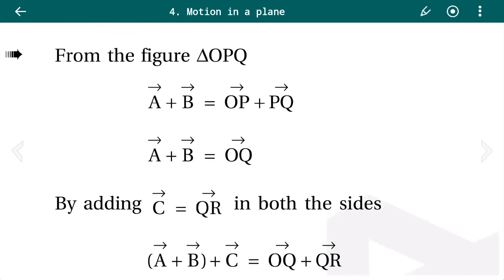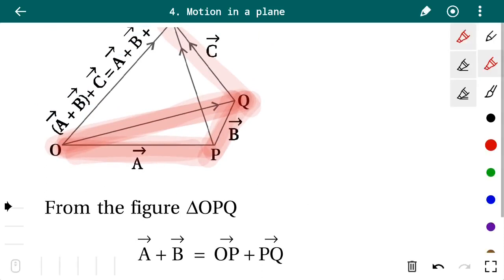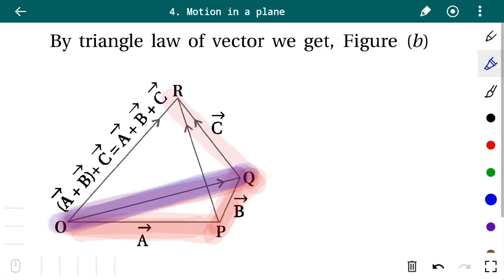Now we will be adding C to A plus B. That is, now we are going to add this resultant vector, which is vector A plus vector B, and this vector C. So to get the addition of these two vectors, we need to join them, which will give me the resultant vector of A plus B plus C. So this line OR gives me the resultant of vector addition of A plus B plus C.